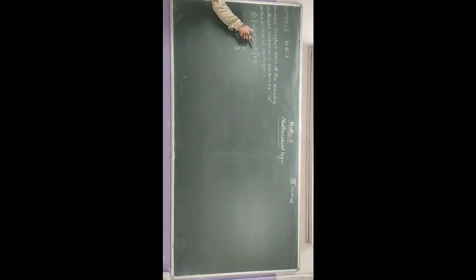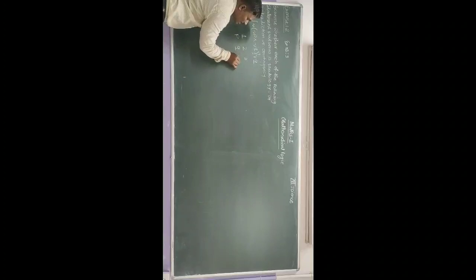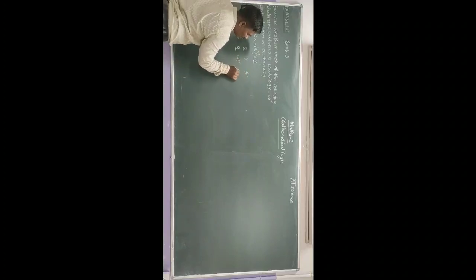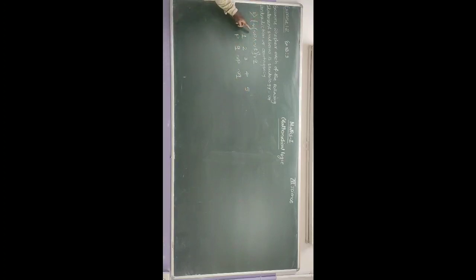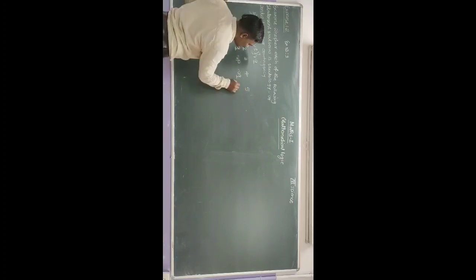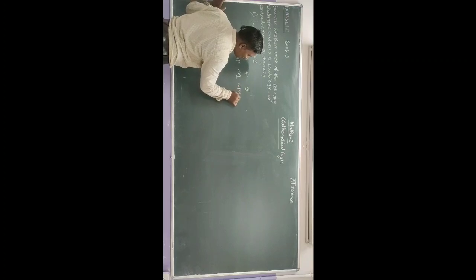Now we will look at the bracket: ~P ∧ ~Q. Firstly we find the negation of P and negation of Q. Therefore the third column is ~P and the fourth is ~Q. Then we take their conjunction, ~P ∧ ~Q, which is column number 5.